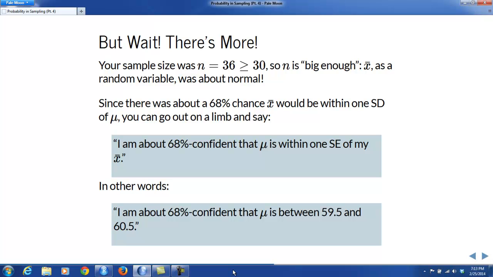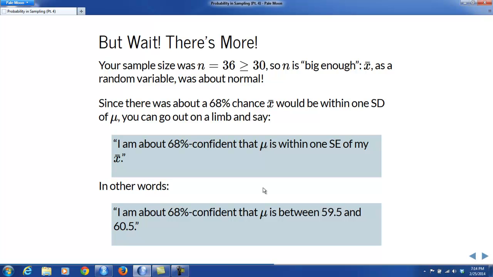Since there was about a 68% chance that x bar would be within one standard deviation of mu, remember that's what the 68-95 rule for random variables said, then you can go out on a limb a bit and say, I'm about 68% confident that mu is within one standard error of my x bar. In other words, you could say, I'm about 68% confident that mu is somewhere in between 59.5 and 60.5. You've just taken away a standard error and added a standard error to your x bar figure.